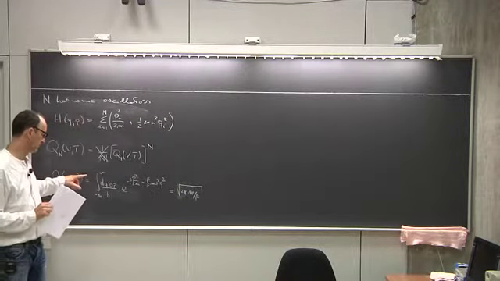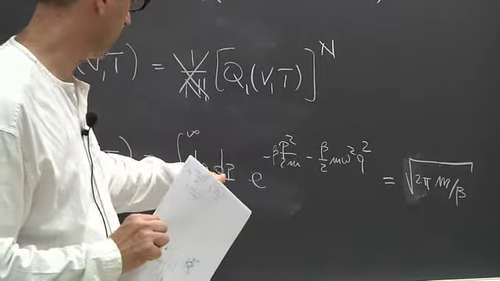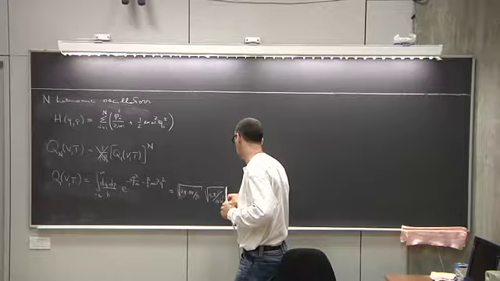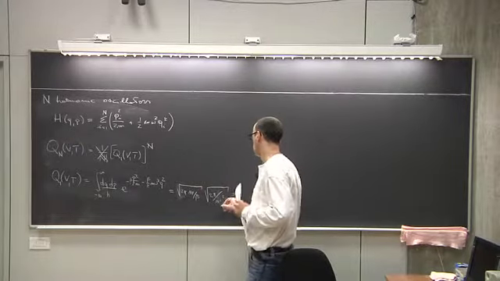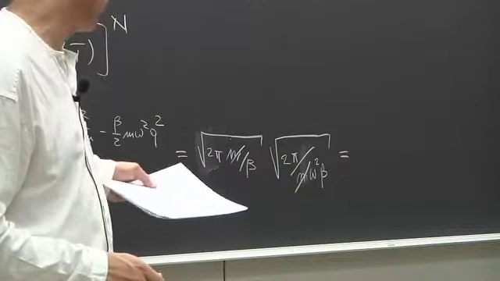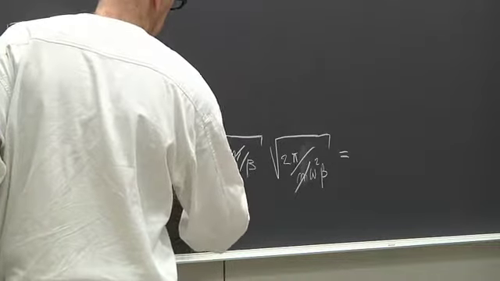And the integral in dq will be 2 pi divided by m omega squared times beta. Okay, so m and m go away, and there is 1 over h.